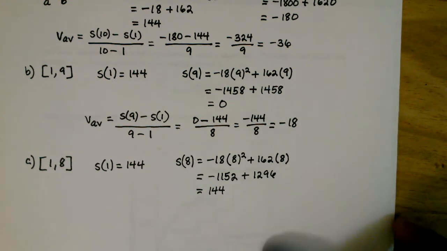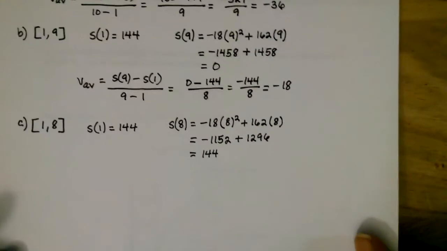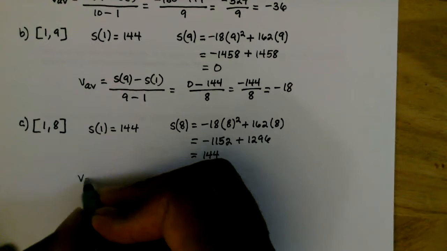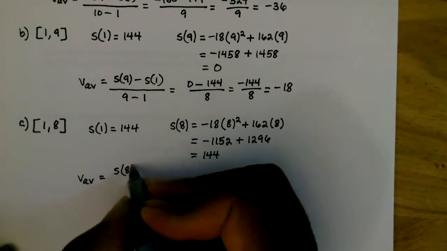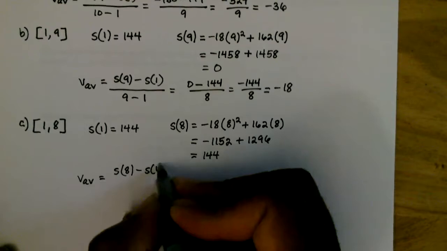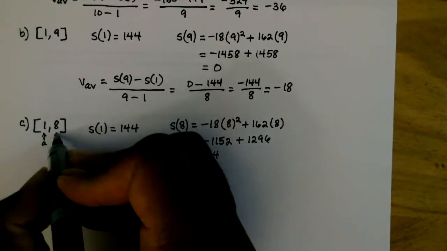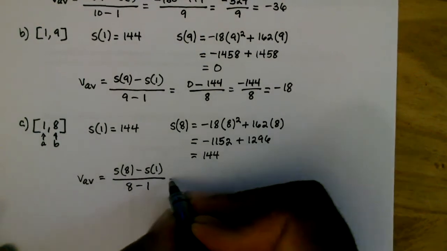And now we can find the average velocity. So average velocity would be S of 8 minus S of 1, divided by b minus a. And then here a is 1 and b is 8. 8 minus 1.